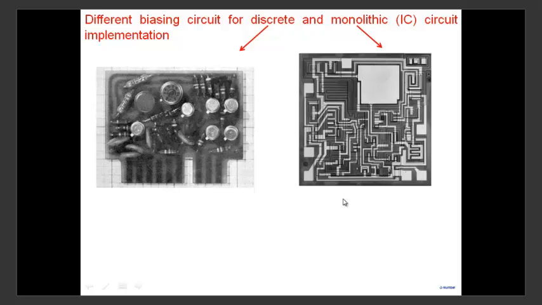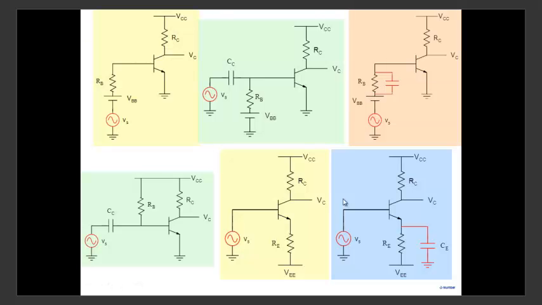So we'll see later on that there are alternative ways of biasing which do not require a capacitor at all. As an interesting problem, we started off with this particular circuit and said it doesn't work very well because the signal sees an RB.